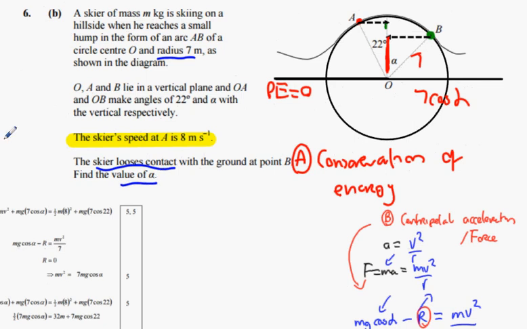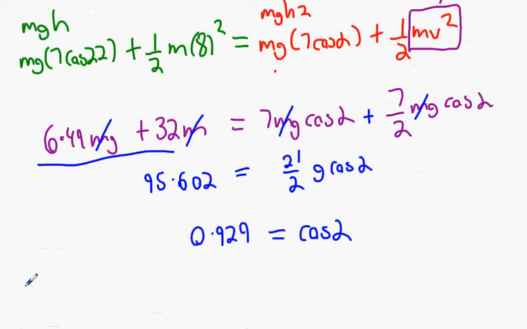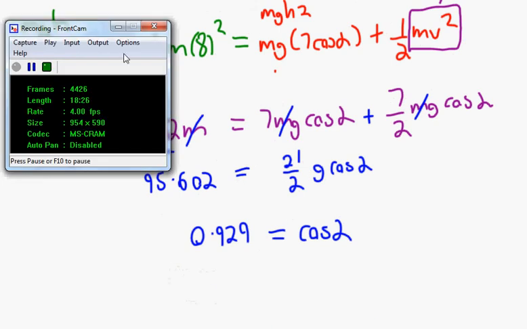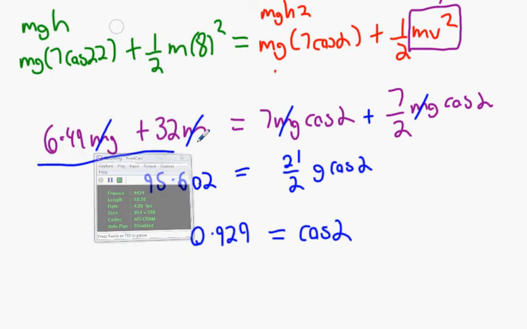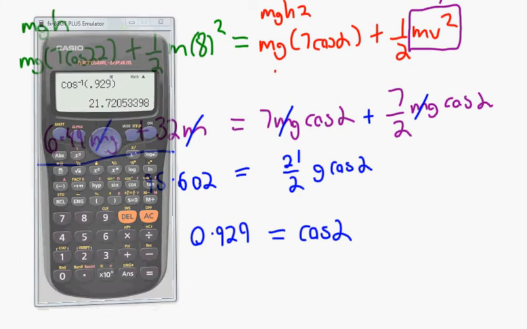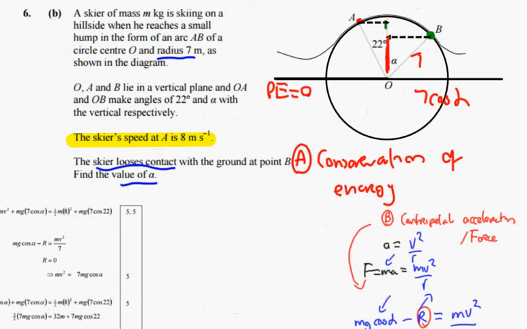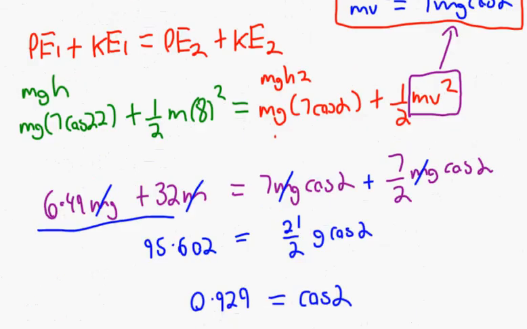Find the value of alpha. So, yeah, I'm on the right track here. Cos inverse that. So, when I cos inverse it, shift cos inverse 0.929, and I find out it's 21.72 degrees. Does it have any stipulation to 1 decimal place or something like that? No, not at all. 21.7 degrees.